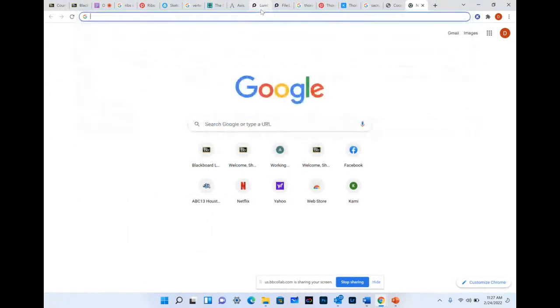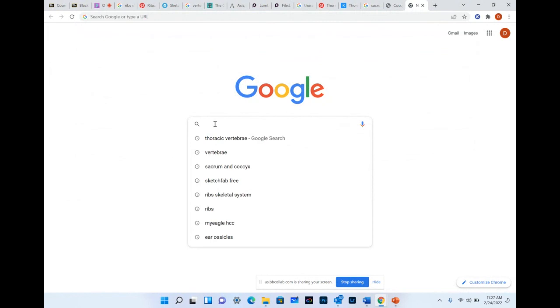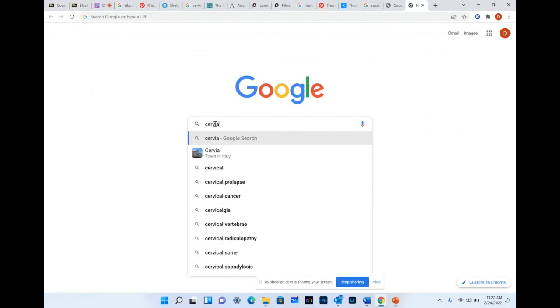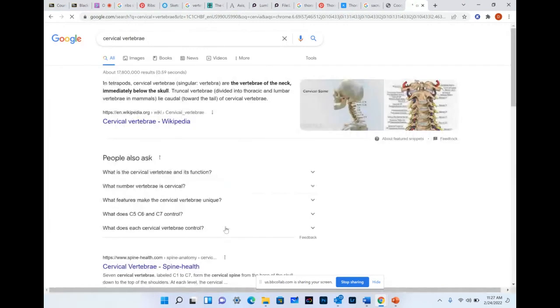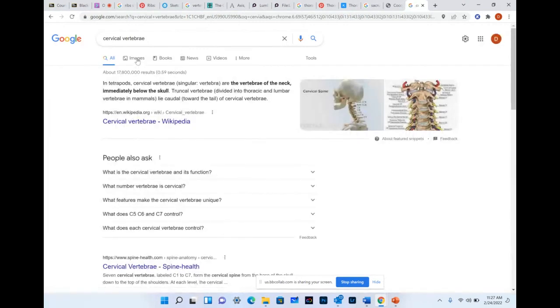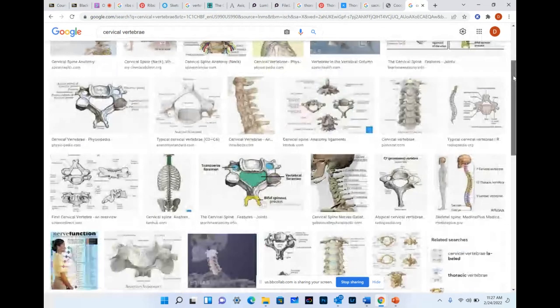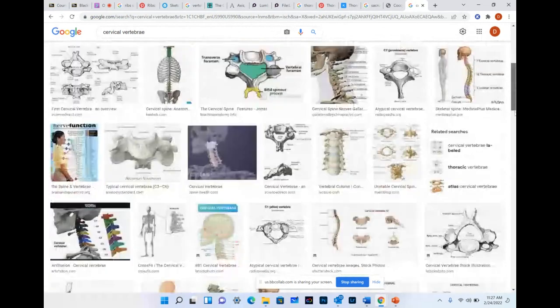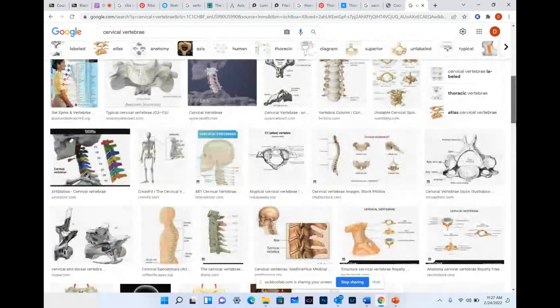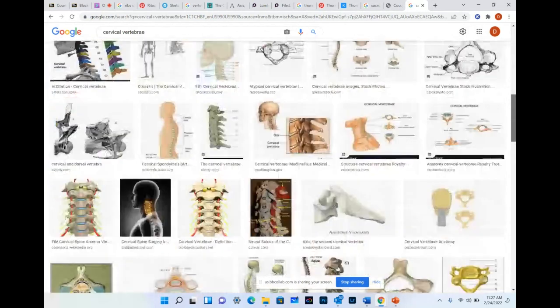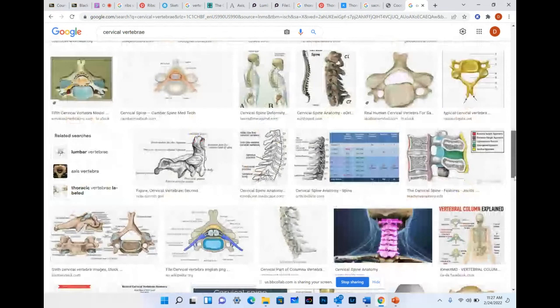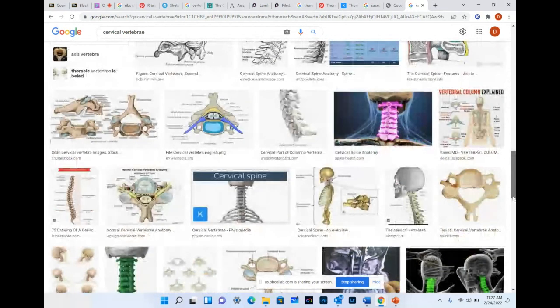Oh, my bad. I'm going to type it here. Cervical vertebra. Okay, so when you look at the cervical vertebrae, they don't have nice photographs.